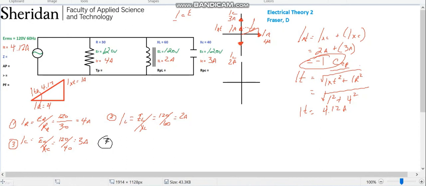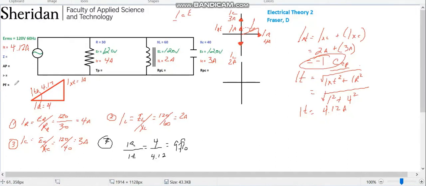It's my IR over IT. Looking at why do I have a power factor that's above unity? Okay, my apologies. So IR over IT, so 4 divided by 4.12, and we get 97%. All right, back on track.